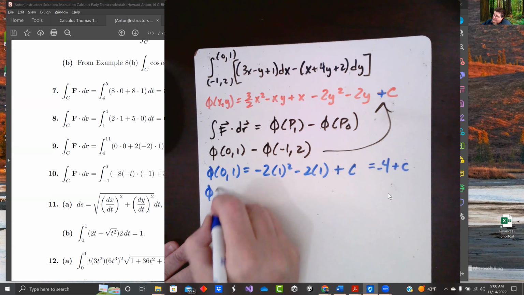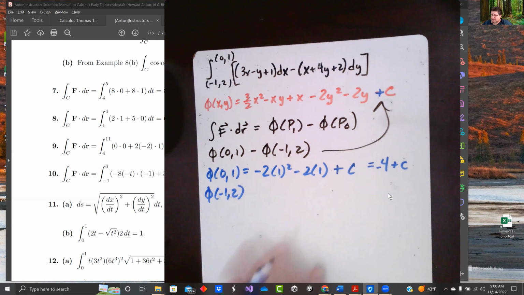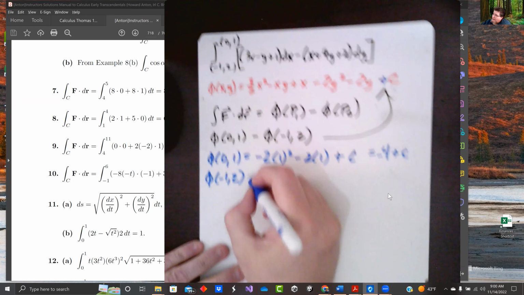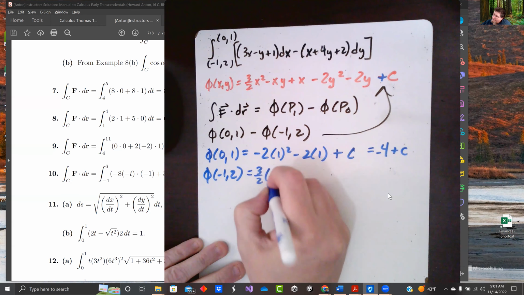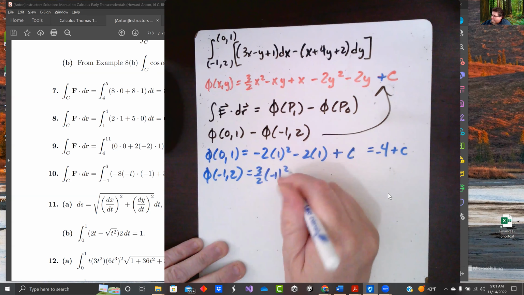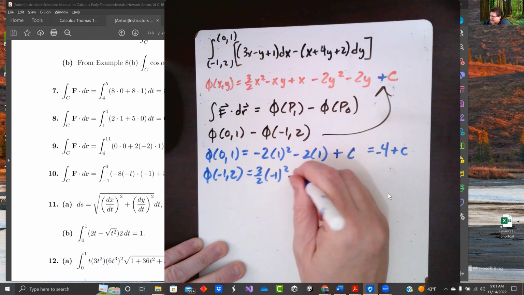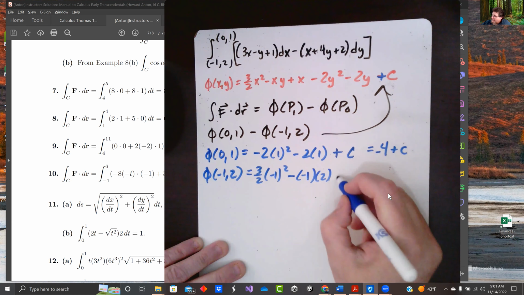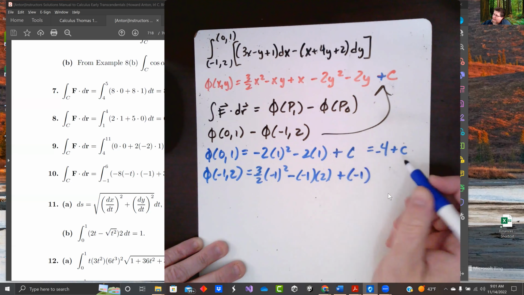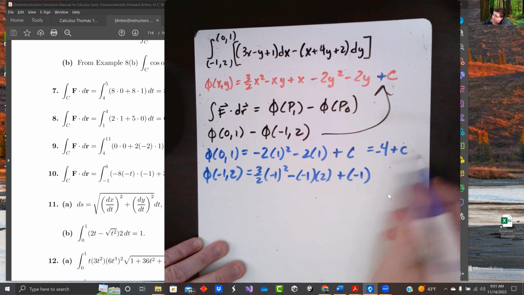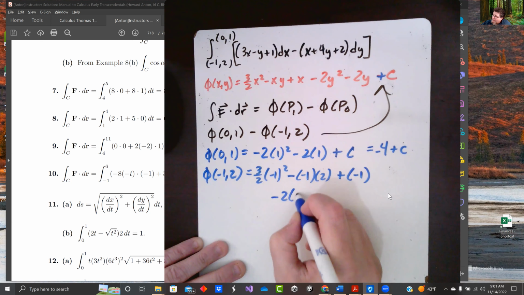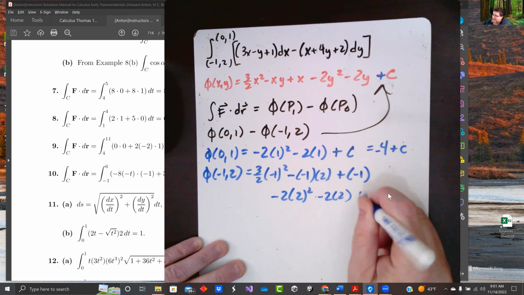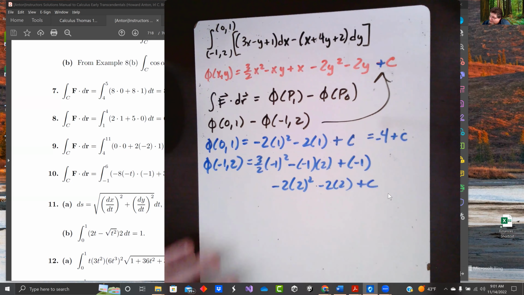And if I do phi at negative 1, 2, this is not as quick, but still doable. We've got 3/2 times negative 1 squared, and then minus x, where x is negative 1 and y is 2. Then plus x, so plus negative 1. Minus 2 times y squared is that, and minus 2 times y is that, plus a c. So what do we have?